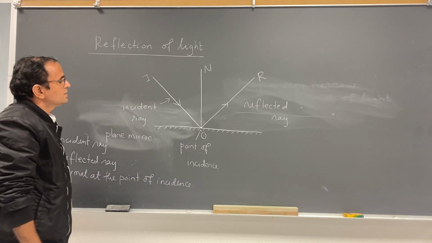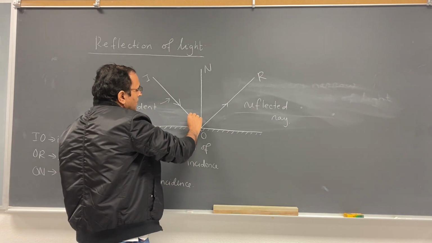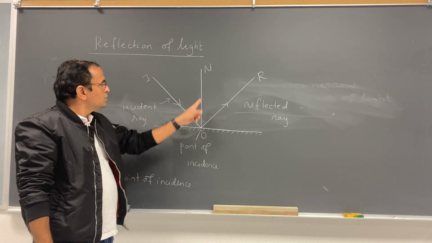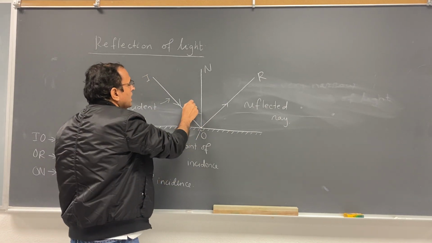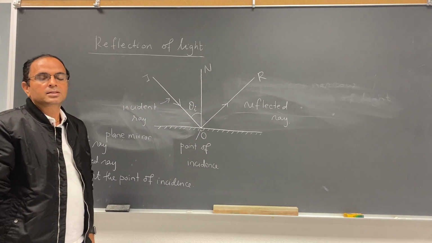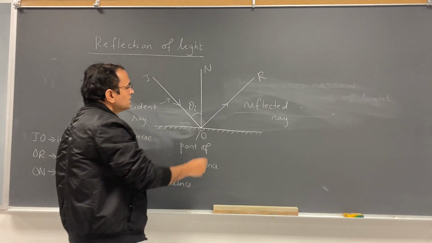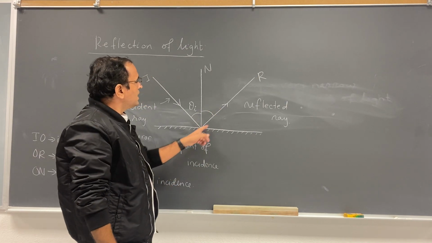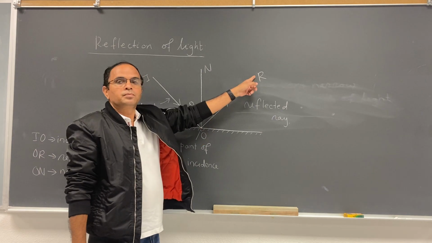Okay, and look at this angle made by the incident ray with the normal. This is called the angle of incidence, and you can write down theta I, angle of incidence. Okay, and this angle, this is the angle made by the reflected ray OR with the normal.